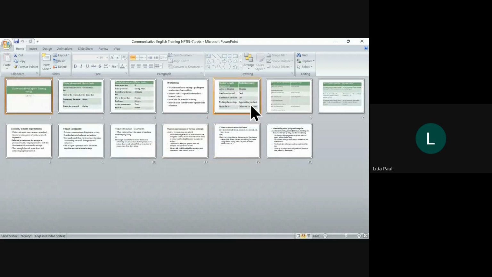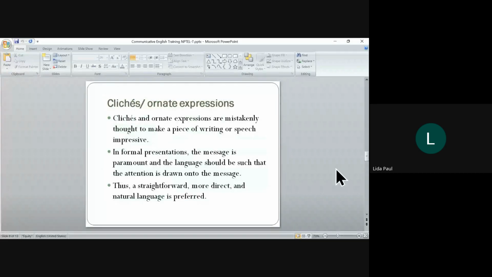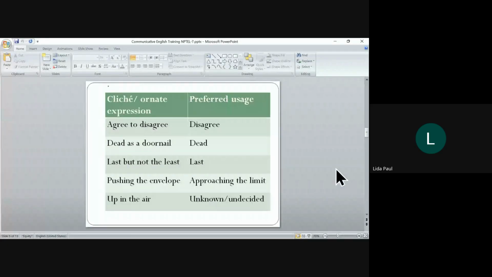So ornate expressions, I think, actually even cliches are a kind of ornate expression, but for more examples, I think phrases like dead as a doornail, last but not the least, agree to disagree, up in the air, pushing the envelope, okay?